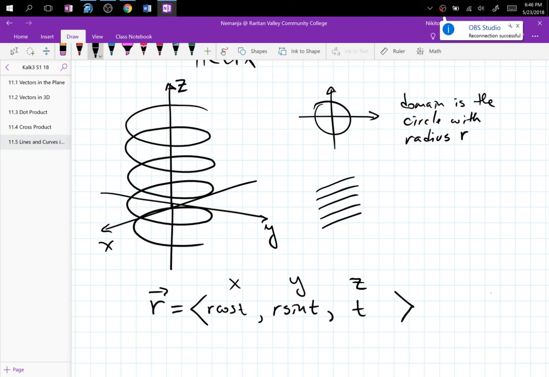Oh no, limits. I am not going to go over limits, because the next section, 11.6, is calculus of vector-valued functions, and calculus consists of limits, derivatives, and integrals.